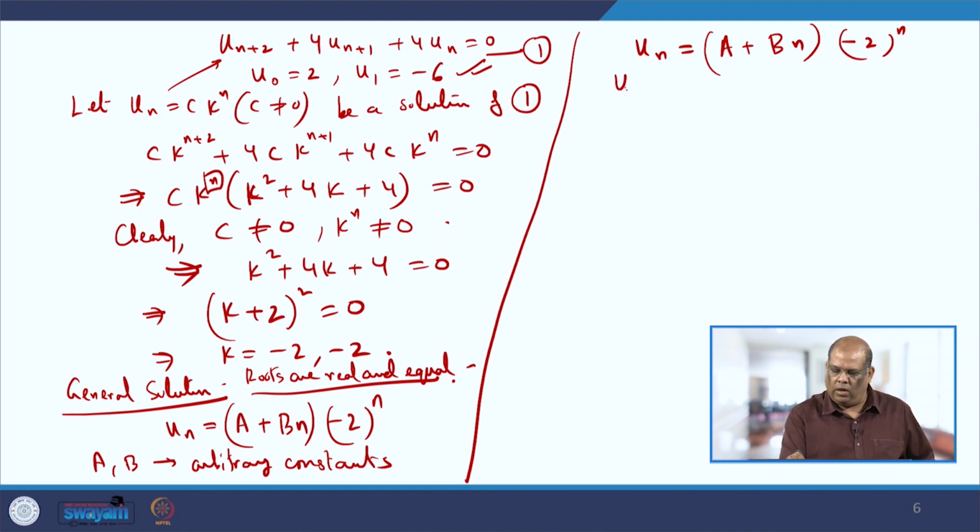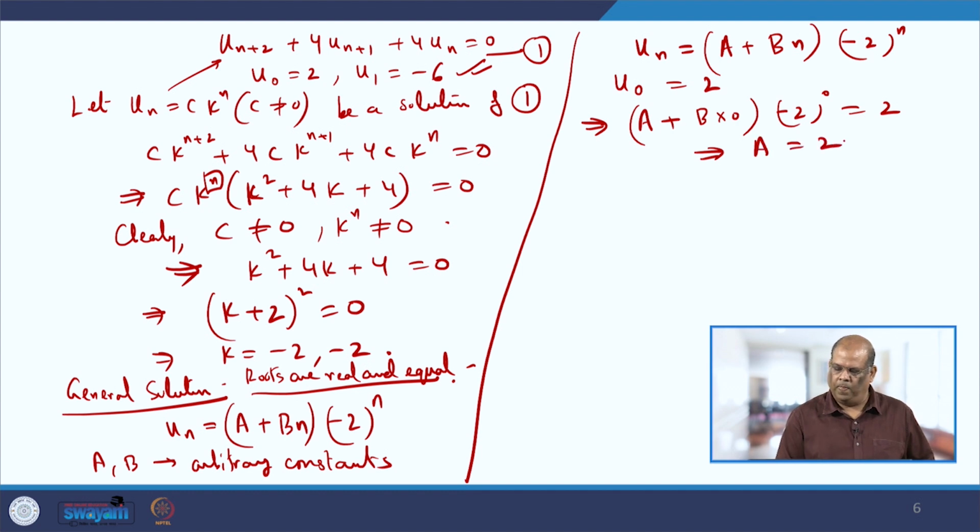So you are given u0 equal to 2. This will imply a plus b into 0 into minus 2 to the power 0 equal to 2, and this clearly implies a equal to 2.